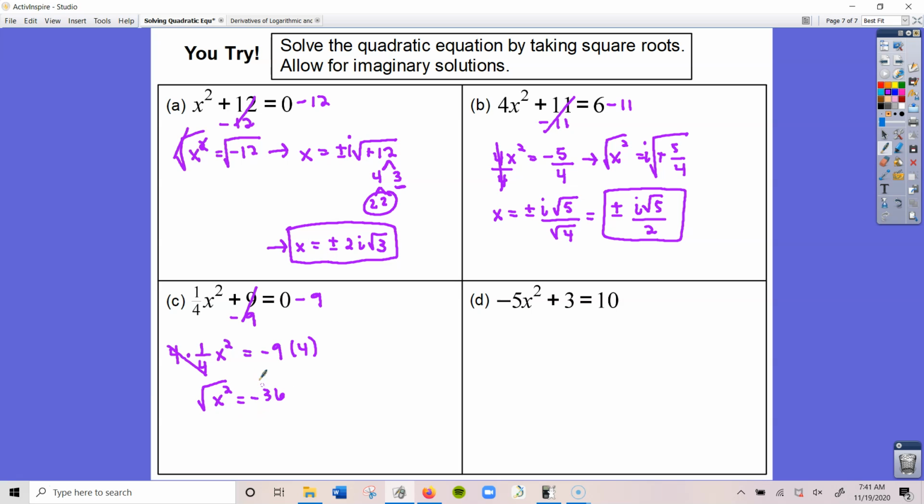And when I square root both sides, I get x is equal to plus or minus. I have to make this positive and bring out i. And the square root of 36 is just 6. So that means that the square root is completely gone since I know the square root of 36. So that would mean that we have 6 times i, which is 6i.